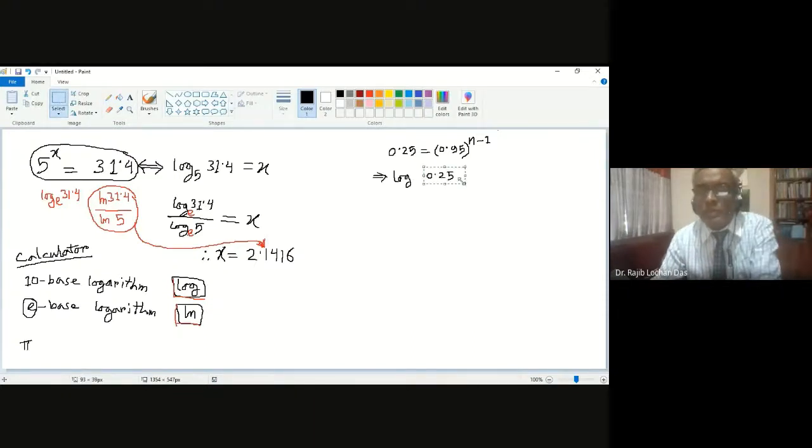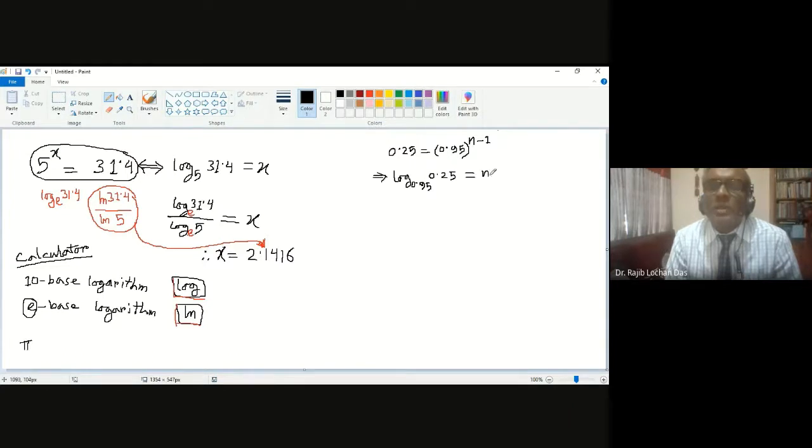Be careful about this concept. It is very, very important. If you miss the main understanding, then there will be no correct result. So the base will be 0.95, and on the other side you will write the power, that is n minus 1. Not only n minus 1, the whole thing is the power.